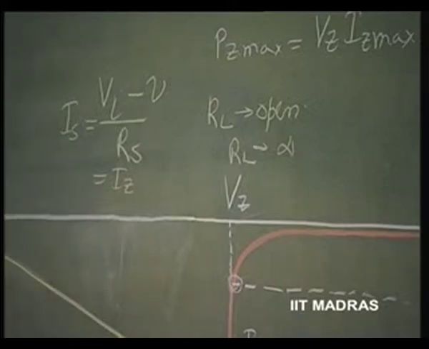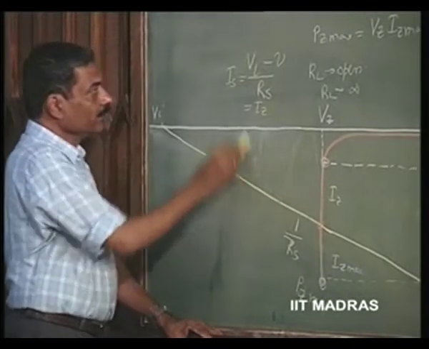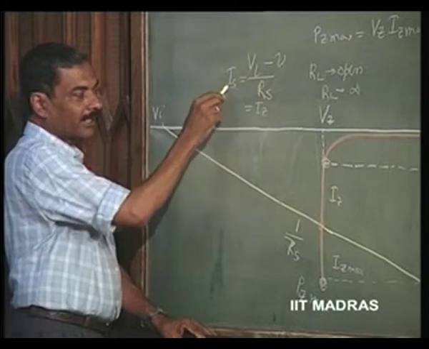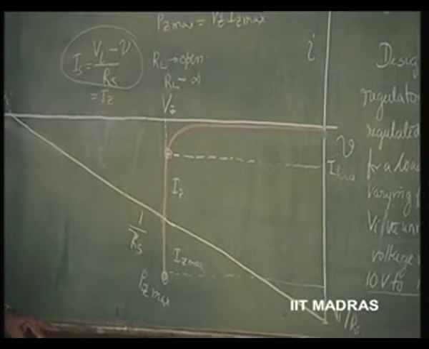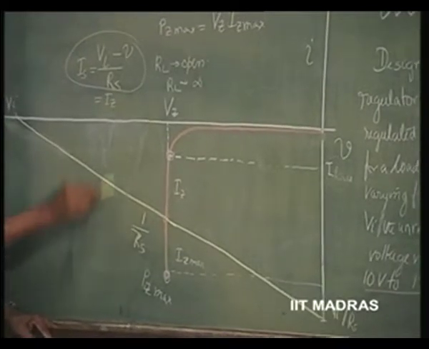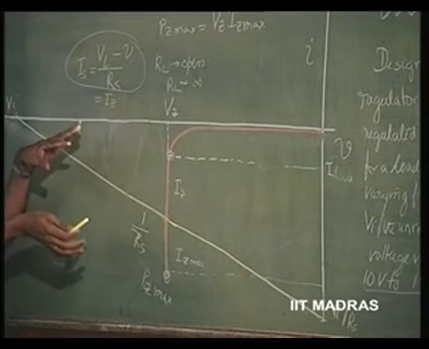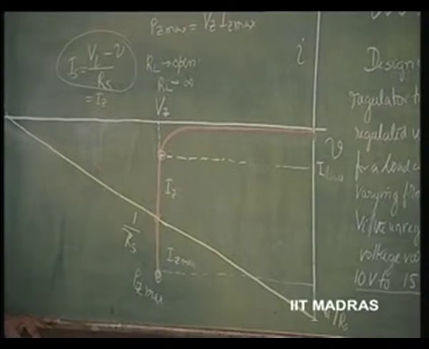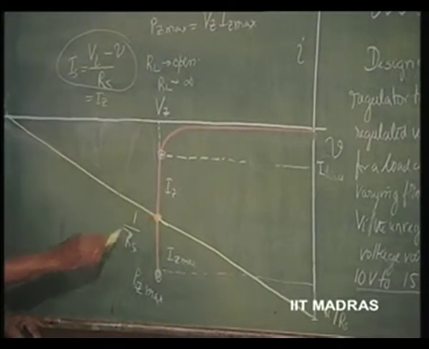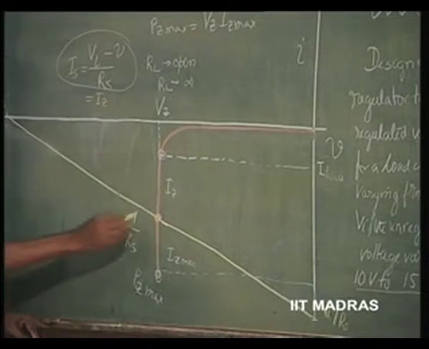So, under that situation, we can say that this equation is this. This is the voltage V, which is now equal to Vz. So, VI minus Vz by Rs is the current Is. So, this is the equation that is plotted here, equation of a straight line with slope equal to minus 1 over Rs here. Both current and voltages are negative. So, 1 over Rs, and this is the operating point for the Zener, or this is the Q point.